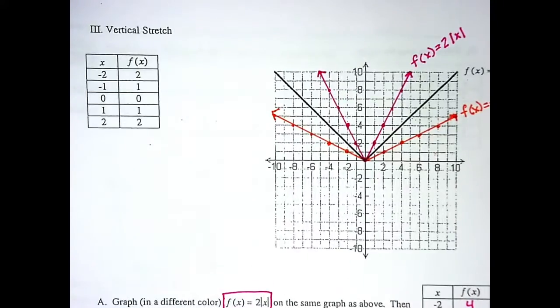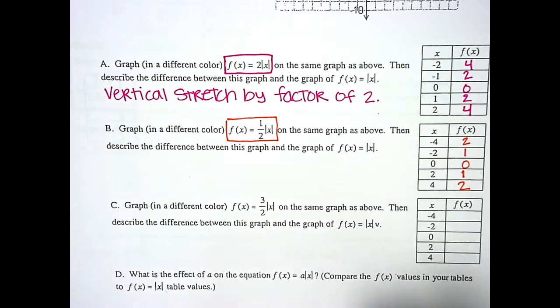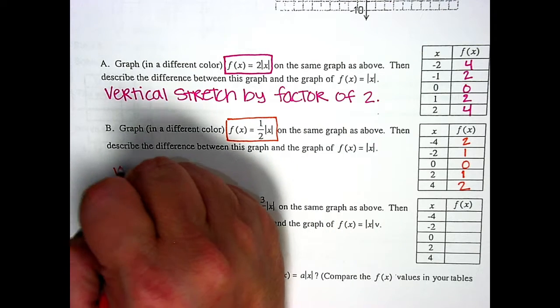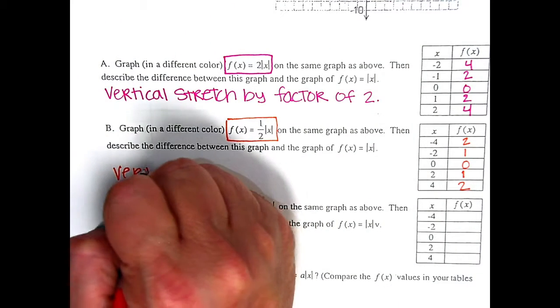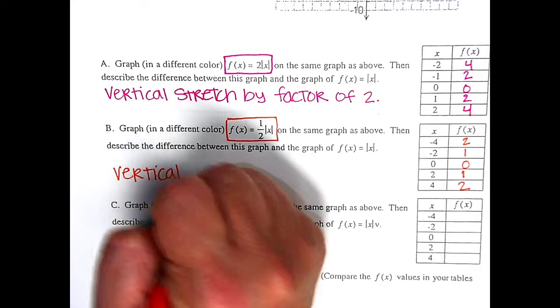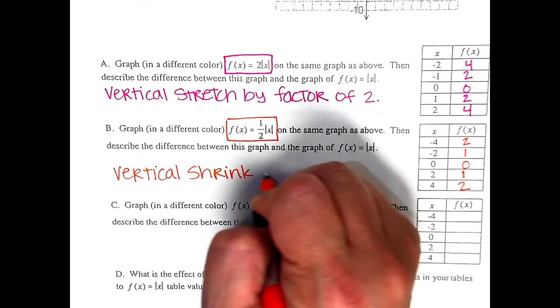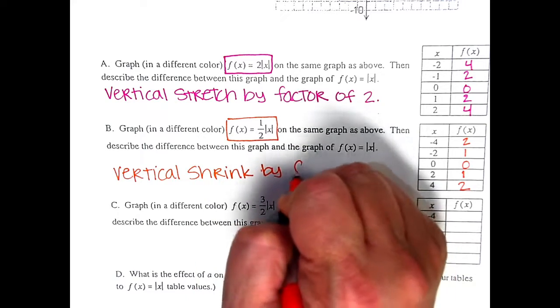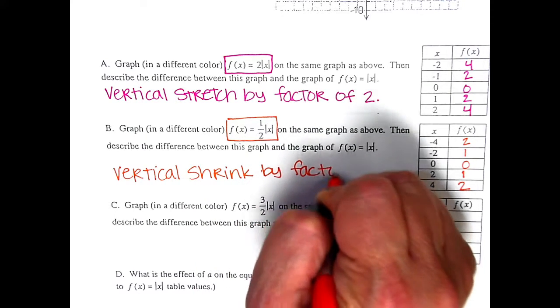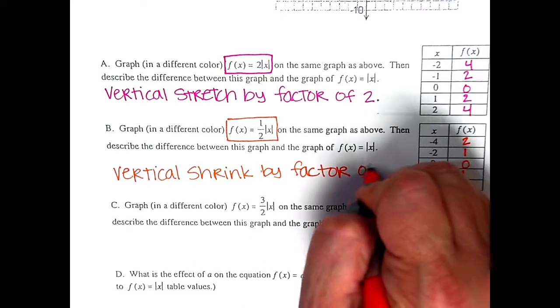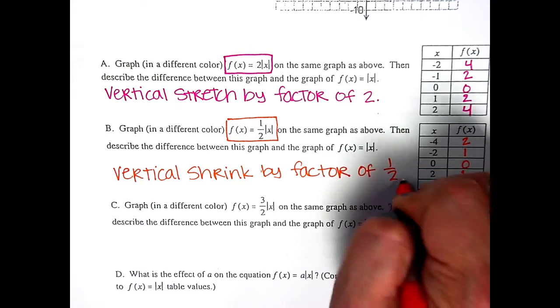So this is a vertical shrink by a factor of 1/2.